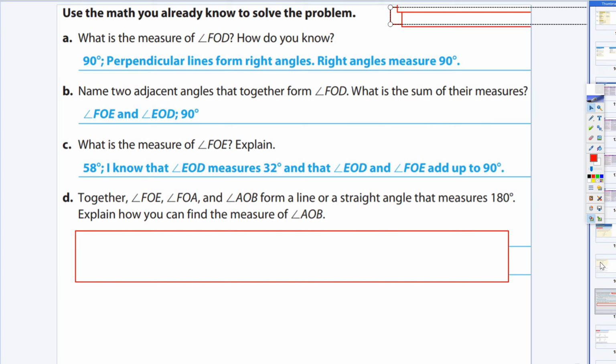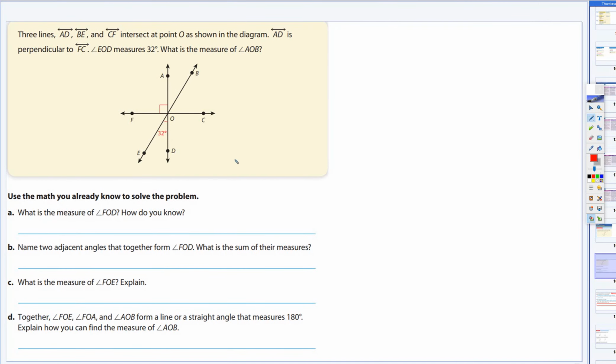Let's go back to that so you guys can see that. Since this measurement's given, and these two adjacent angles together make 90, angle FOD, therefore angle FOE has to be 58 degrees because 58 plus 32 is 90. And that's why it's 58 degrees.